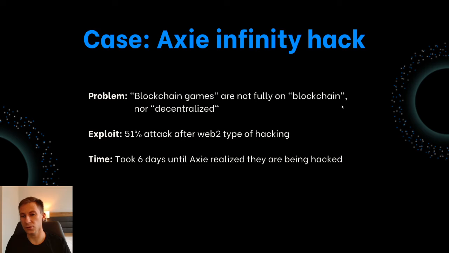They were using Tornado Cash and some other systems, spreading the funds around to different systems, but the point is the same. It was a simple 51% attack with Web2 attacks in it.